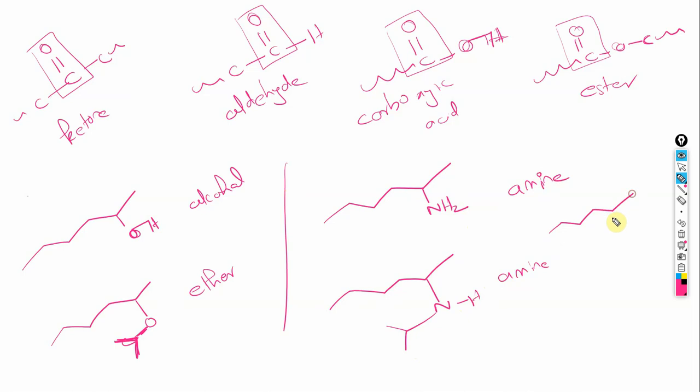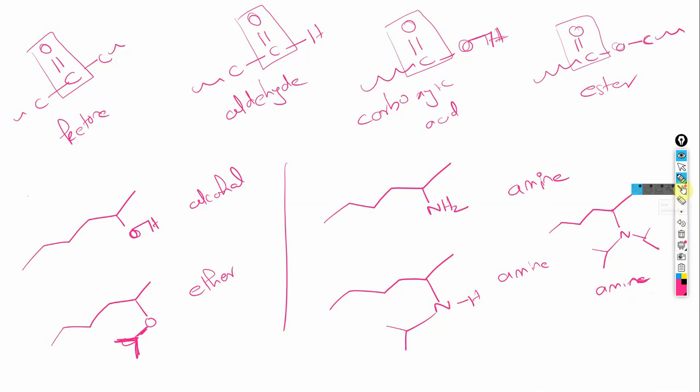And in fact I can replace all 3 sides with an alkyl chain, that is still an amine. So amines are fairly straightforward in that sense. You just need to call it an amine as long as it has a carbon nitrogen carbon bond, or carbon nitrogen bond only, nothing else. So that is an amine.